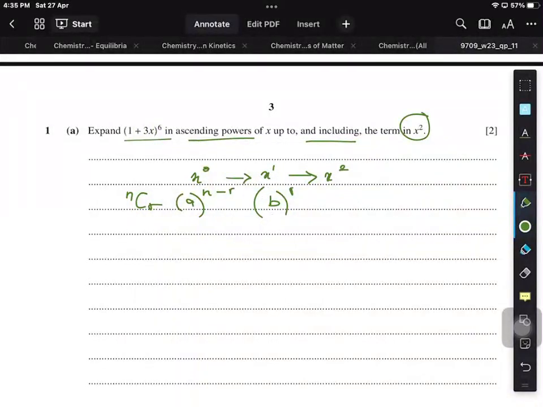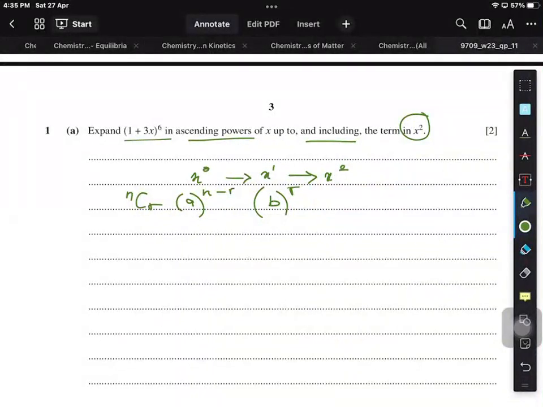So the power of b using the formula will be r. Whatever r is, the power of x will be the same. So if we have to make the power of x 0, we keep r 0. If we have to make the power of x 1, we make r 1, and same for 2.